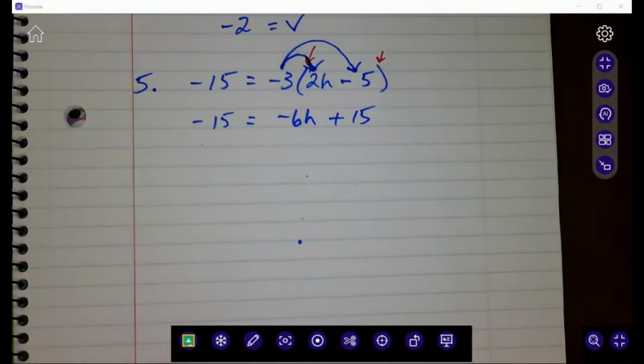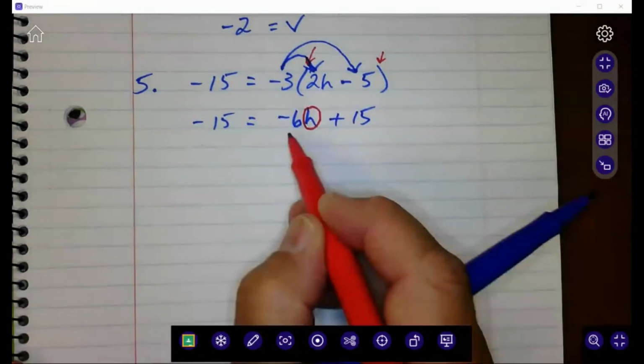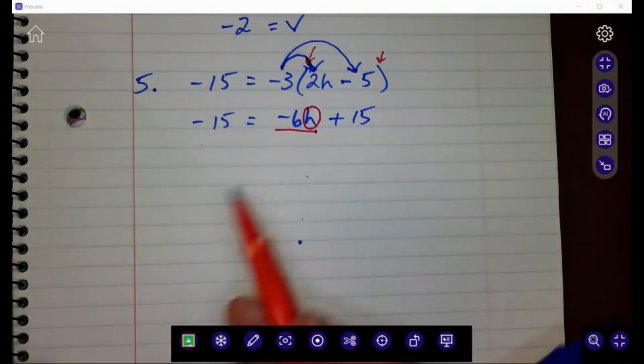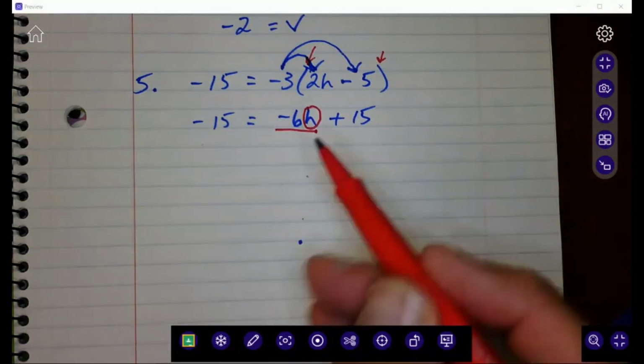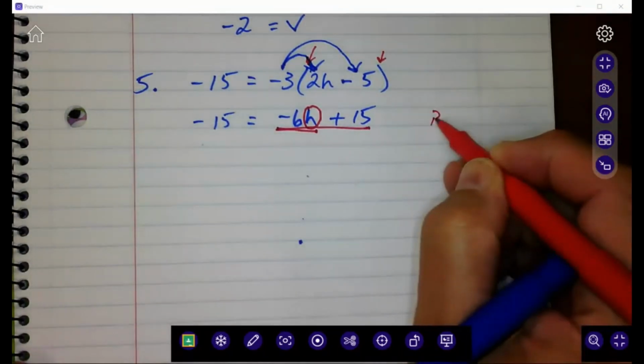Now we have an equation exactly like what we've been working on. We have one variable term. Everything else is just a constant, a number. So we focus on the variable and we focus on this side of the equal sign.